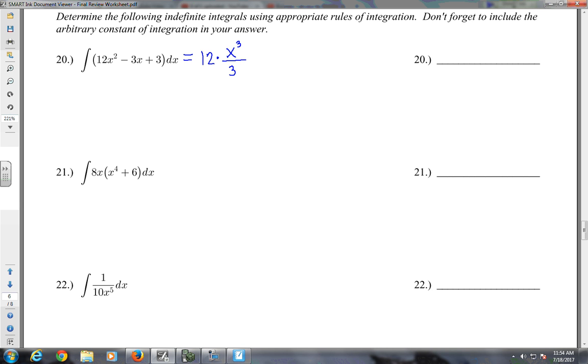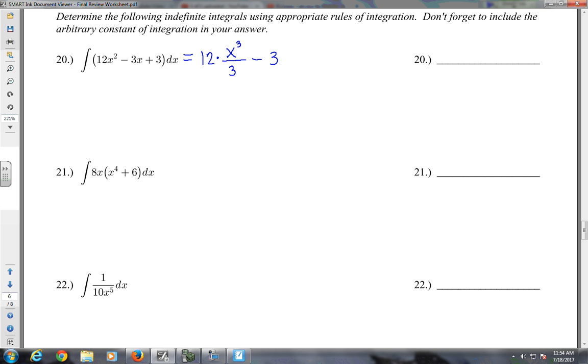Remember, when you're differentiating, you bring the original exponent down in front to multiply by it, and then you decrease the exponent by 1. When you're integrating, you're doing the two opposite processes. You're increasing the exponent, and you're dividing by that number. For the next term, we have negative 3, which comes through to the antiderivative.